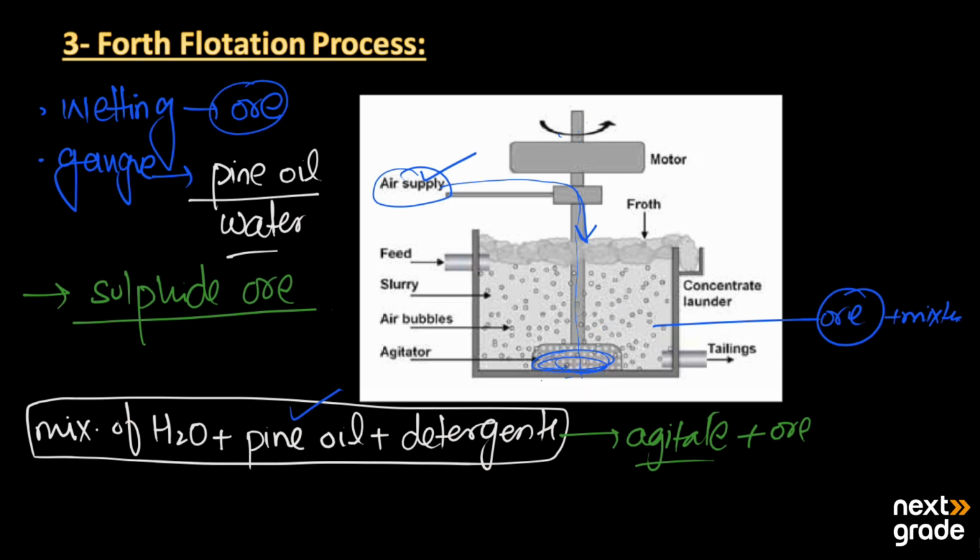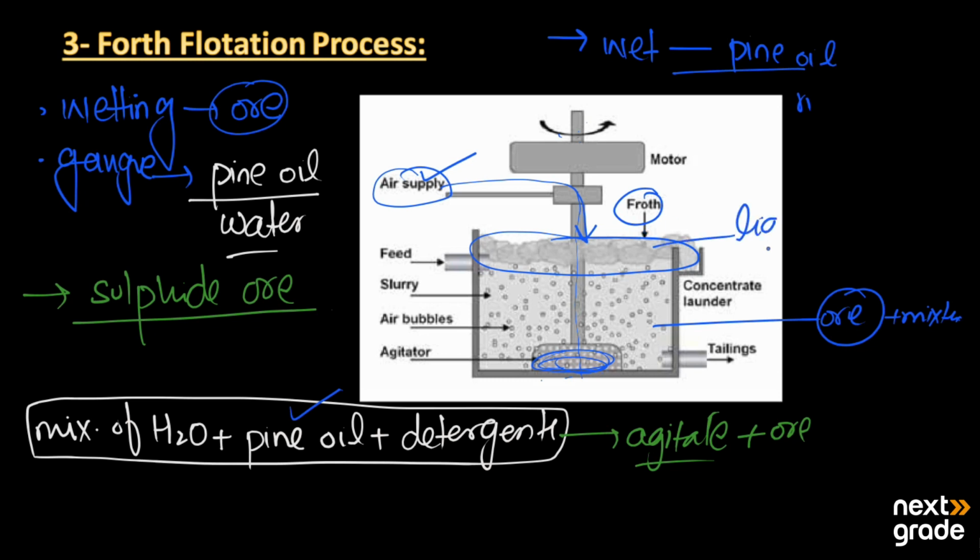After that, the sulfide ore present in it becomes wet and is coated by the pine oil, and it rises up. This is known as the froth flotation process. Being lighter, it comes to the top of the mixture, and in this container it is collected.